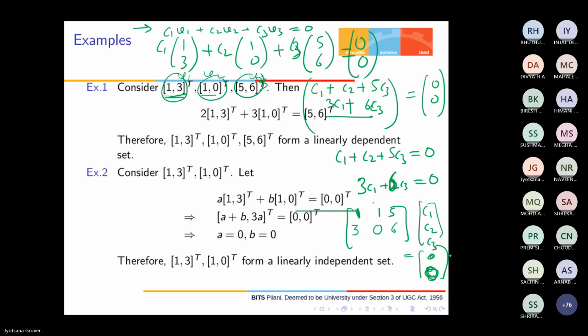Tell me, what should I do? Do elementary operations, REF. R2 equals R2 minus 3R1. So 0 minus 3, 6 minus 15. What do you get? Minus 9.